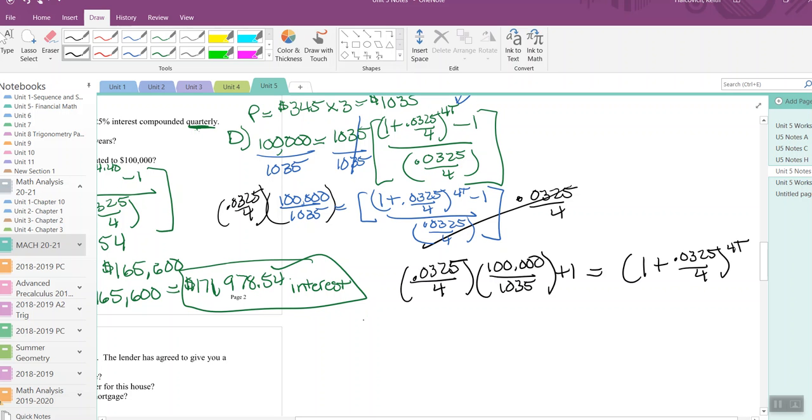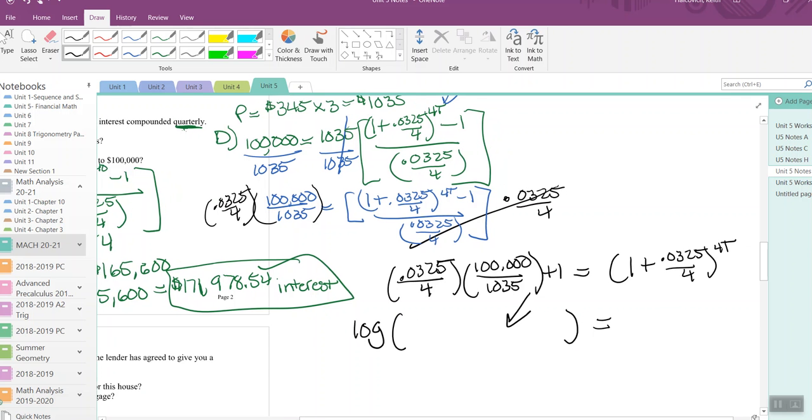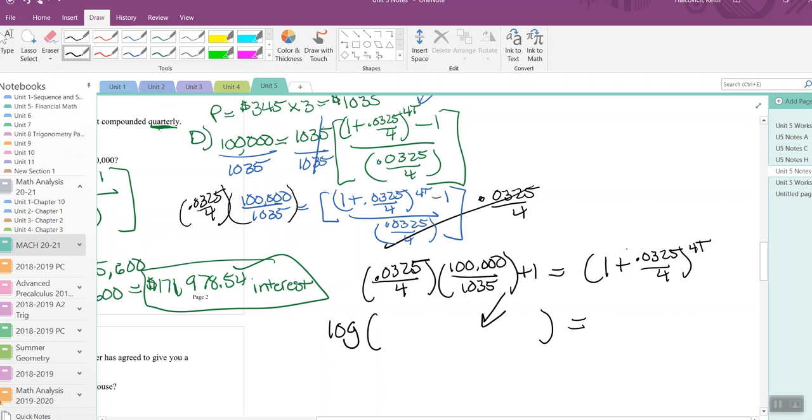So now you can take the log of both sides. I'm going to take the log of that whole thing, and then when you take the log of this side, remember the exponent rolls to the front.